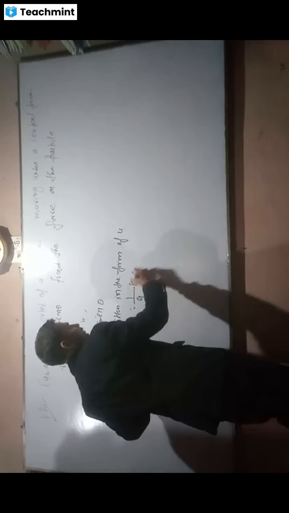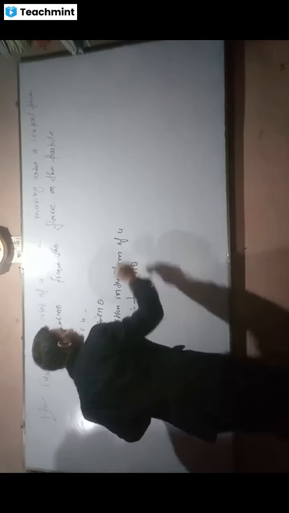So here u to the power n equals to 1 upon a cos n theta equals to 1 upon a sec n theta. Okay.